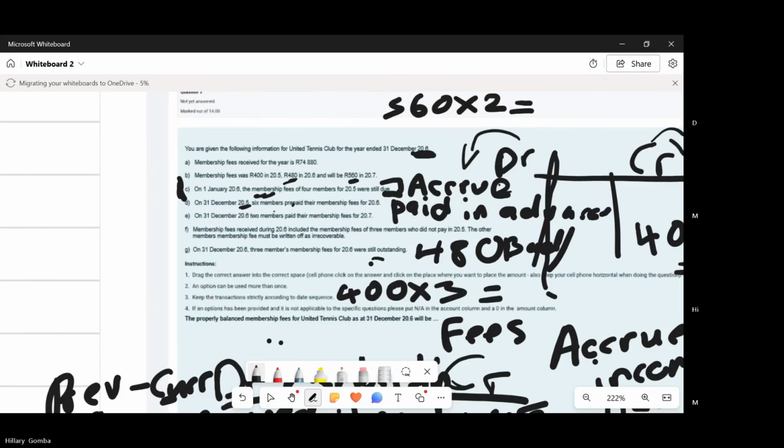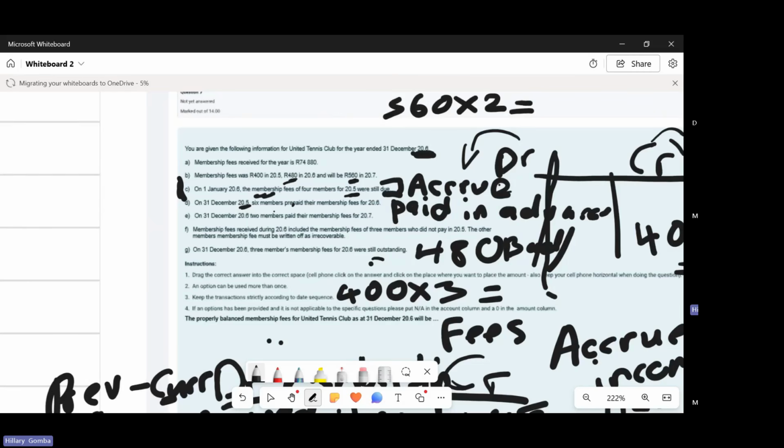What you need to understand is that the debit side is previous year to current year. If you look, it said on 1 January 2026, the membership fees of 4 members for 2025, which is the previous year, because we're in 2026. So the debit side deals with previous year to current year, and the credit side deals with current year to next year.